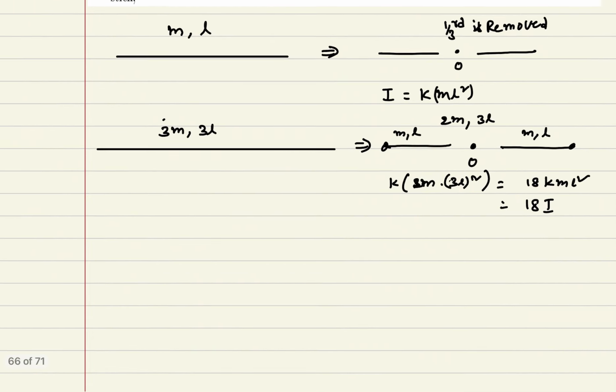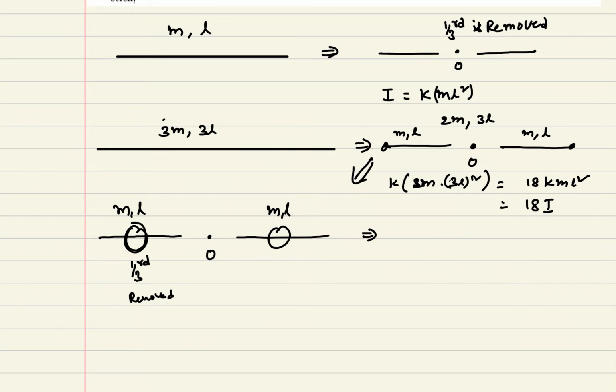Now the same rod, I am making like this. You can observe this carefully. I am making this as a rod with center point O. Here some part is removed, m comma l, one third is removed.